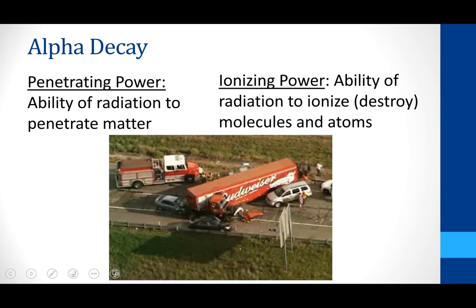So think semi-truck in an accident. Semi-truck meets car, semi-truck meets motorcycle. Semi-truck's going to win, right? It's nice and big. So penetrating power is low. It's pretty easy to block it from getting into our biological system. Once it enters the biological system, it can do lots of damage in there.